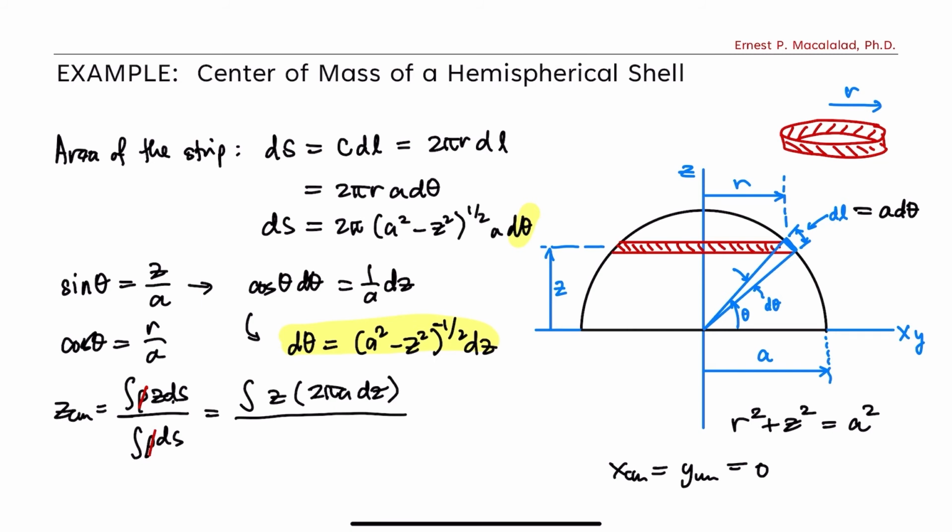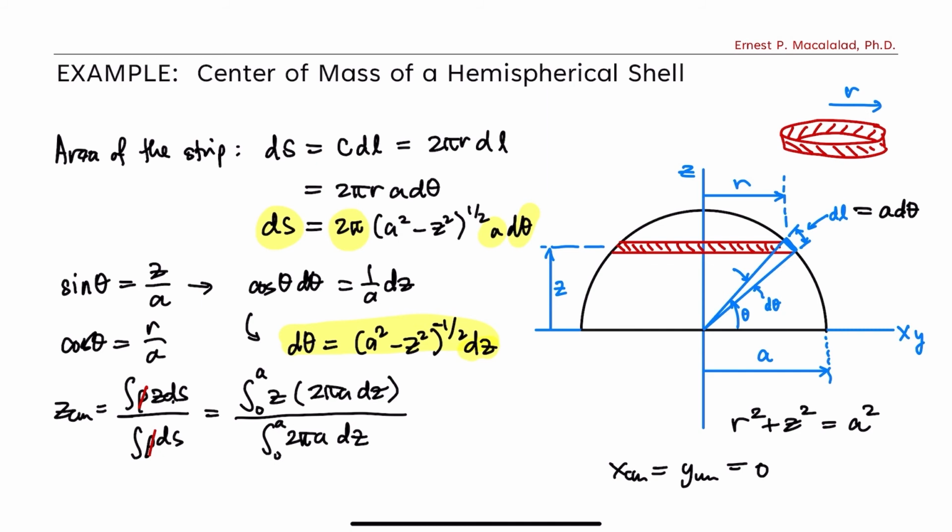Then the integration will be from 0 to a. In the denominator, we now have 2 pi a dz, since ds would be 2 pi a dz, again from 0 to a.